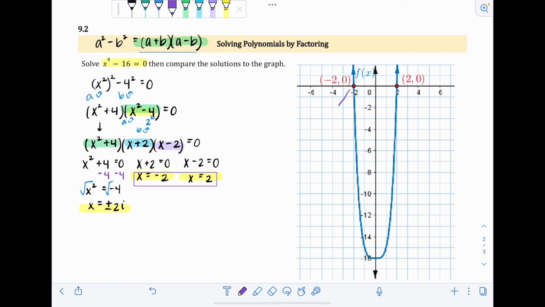There's an x-intercept at negative 2 and an x-intercept at positive 2. That's not to discredit this solution. It's just that because it involves i, it's an imaginary solution, and imaginary solutions don't show up as x-intercepts on the graph. You should only have real solutions as the x-intercepts, but the 2i is still a valid solution.